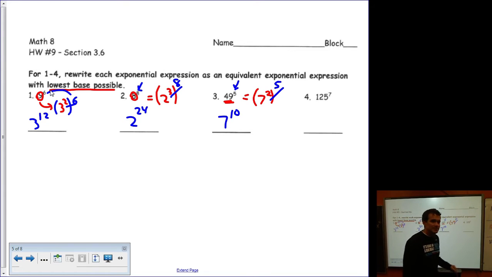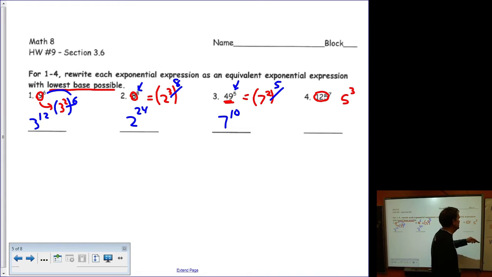And number 4, again, you can only rewrite this with a lower base if the base is a perfect square or perfect cube. 125 is a perfect cube. It is equal to 5 cubed.